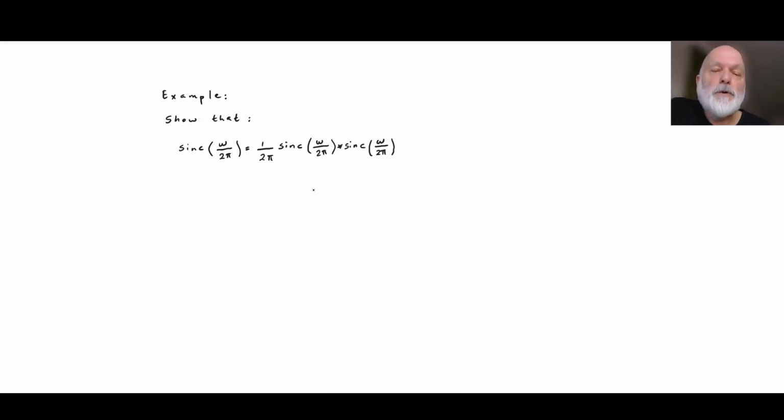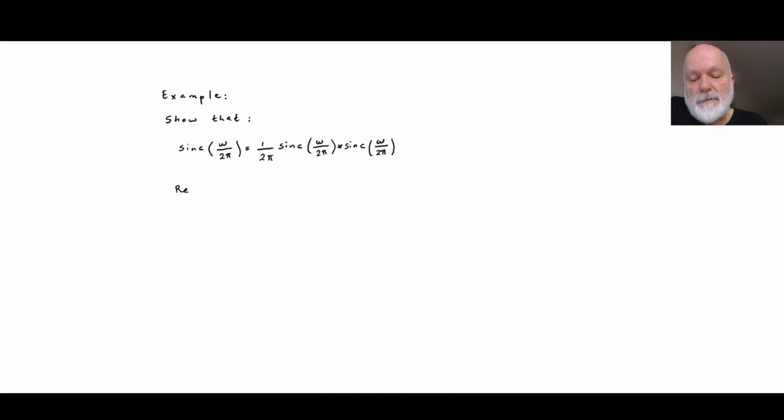Of course, we are not going to use convolution of the sinc function with itself to prove that it is again related to itself with only a constant multiplier equal to 1 over 2 pi. But we are going to use the multiplication property to prove the validity of this statement.